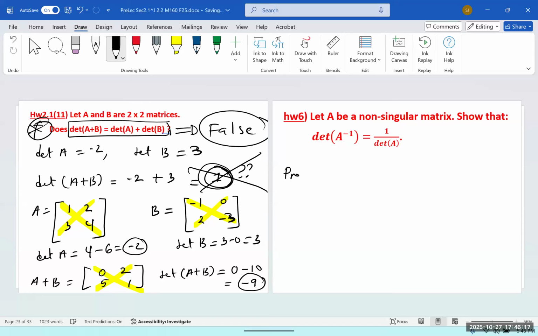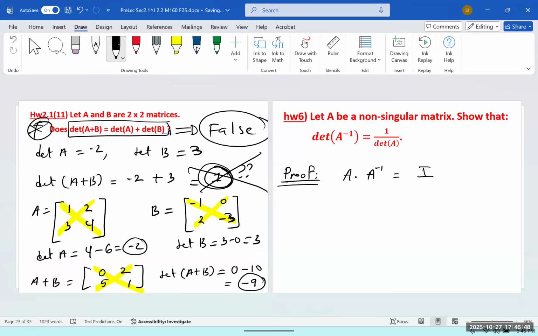Proof. Any idea? Let me give you a hint. We all know that A times A inverse is what? What is any matrix times its inverse? Identity matrix. Good.